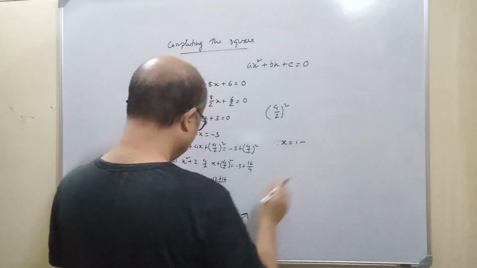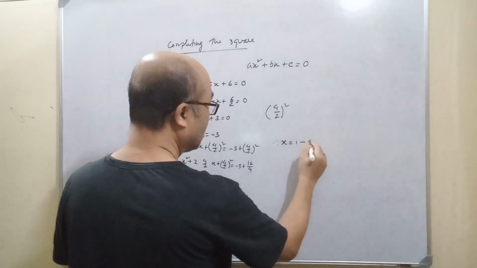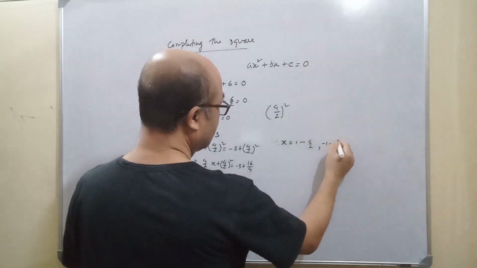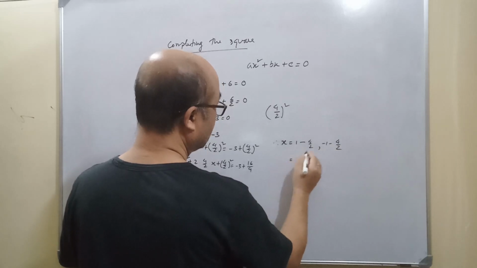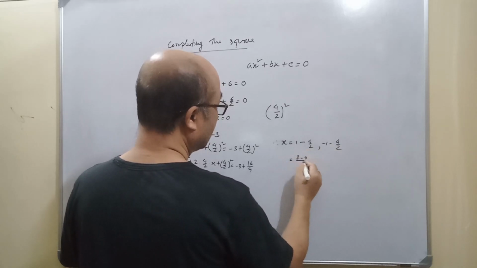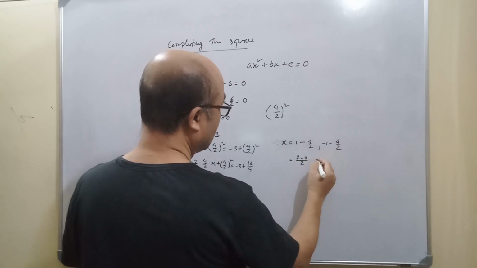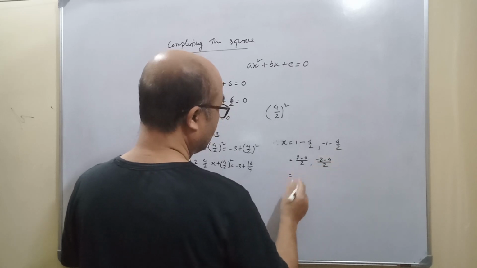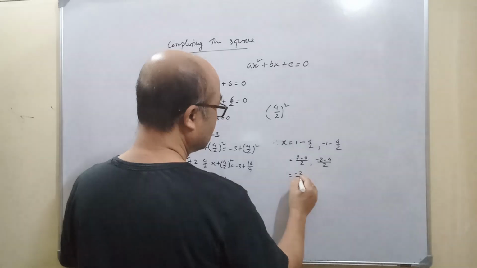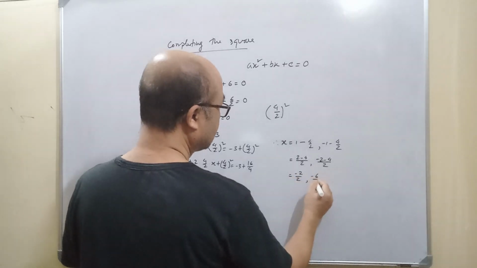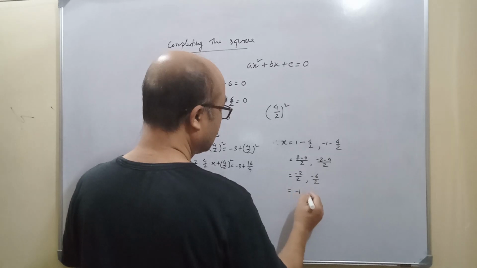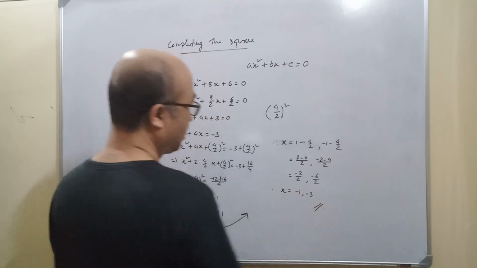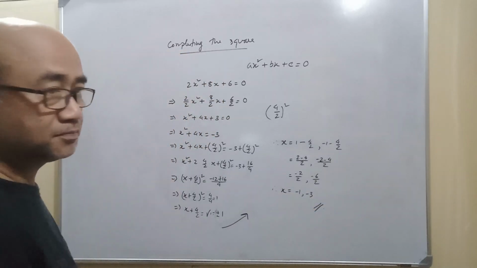So it can be (1 minus 4)/2, or if you take minus 1 minus 4 by 2, which is equal to minus 3 by 2, or minus 5 by 2, which is equal to minus 1 or minus 3. Hence, this is your answer.